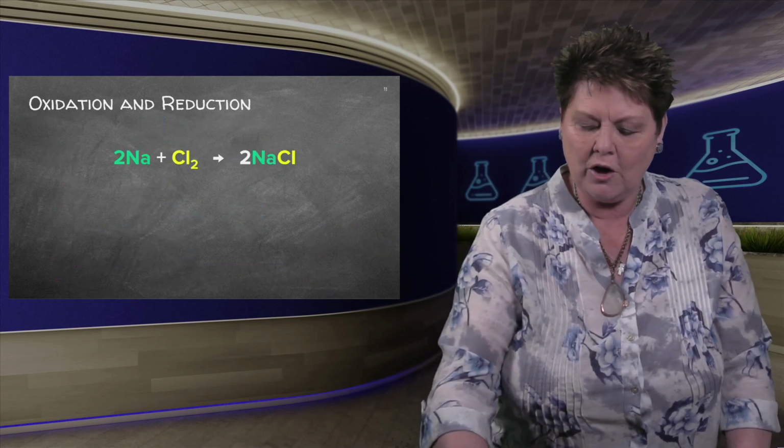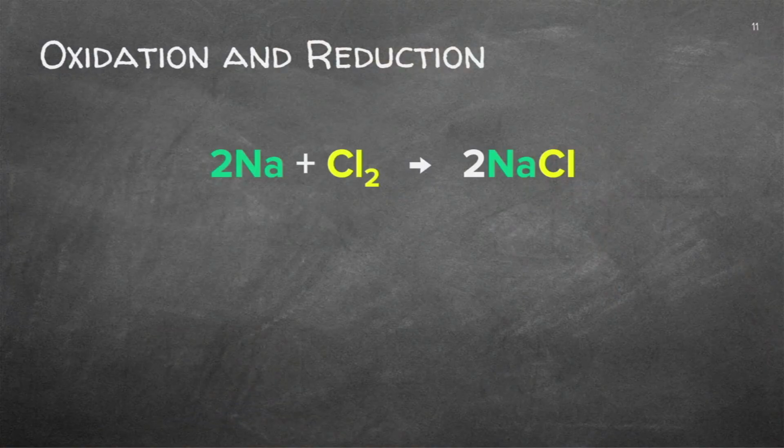Finally, we've got sodium. It's on its own, so it's got no charge. And it's becoming Na, and can you see here, it's bound to the chlorine. So, can you see there, it's going from sodium 0 to plus 1. You know the oxidation number is increasing, so it is oxidation.